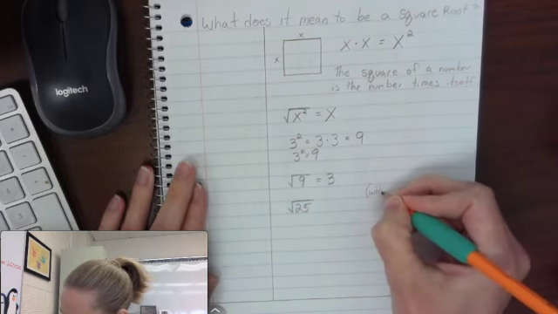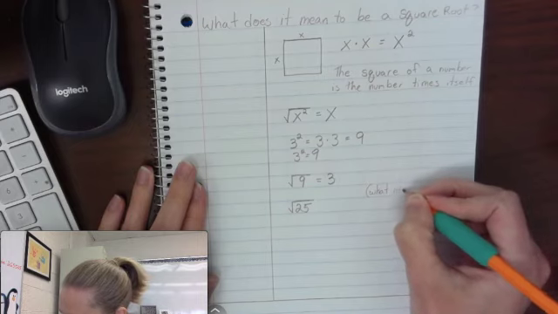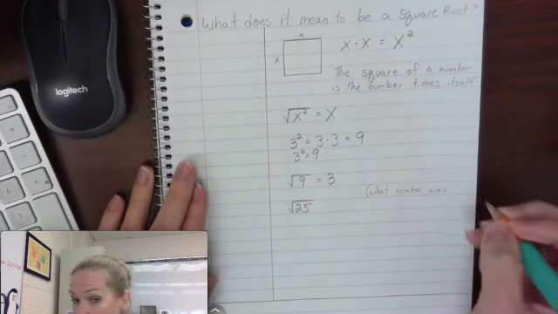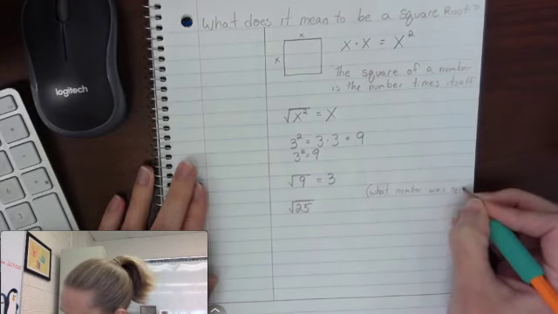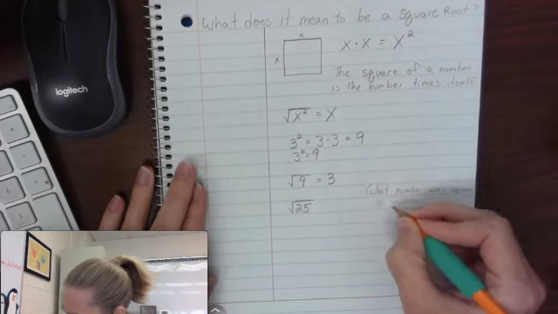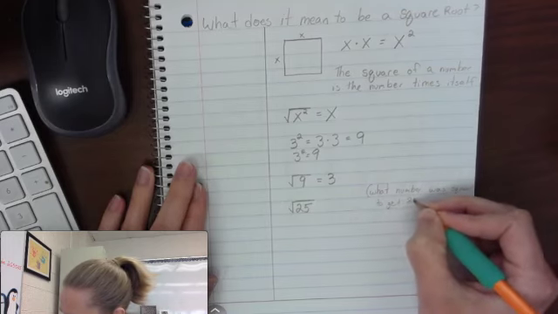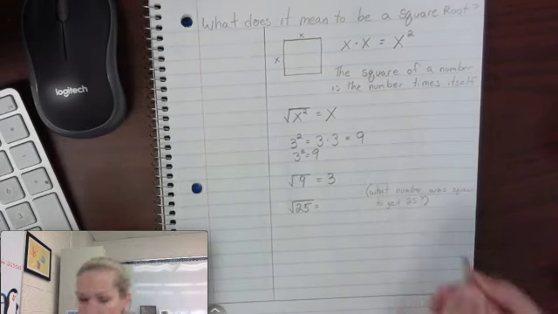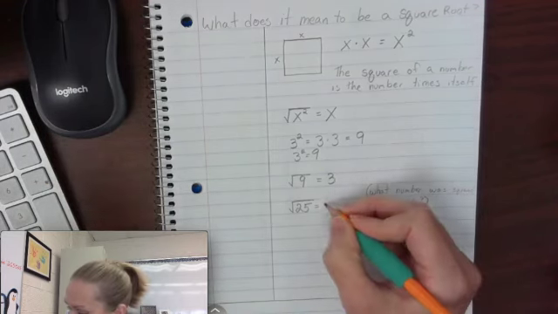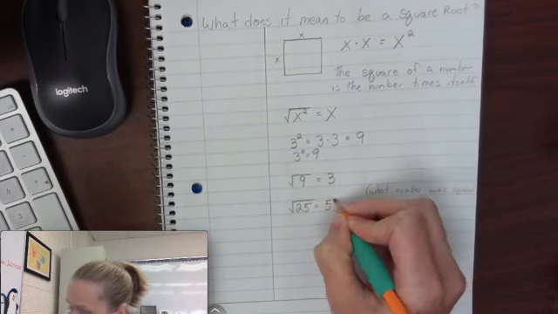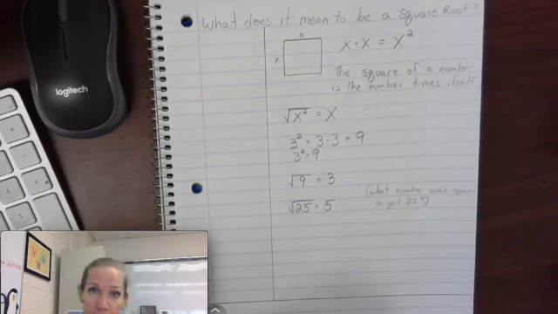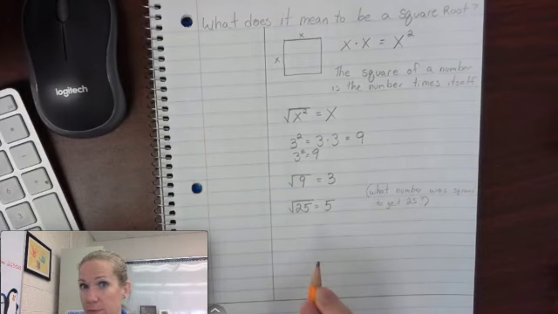So what number was squared to get 25? Hmm. 5. 5 squared. 5 times 5 is 25. So the square root of 25 is 5.